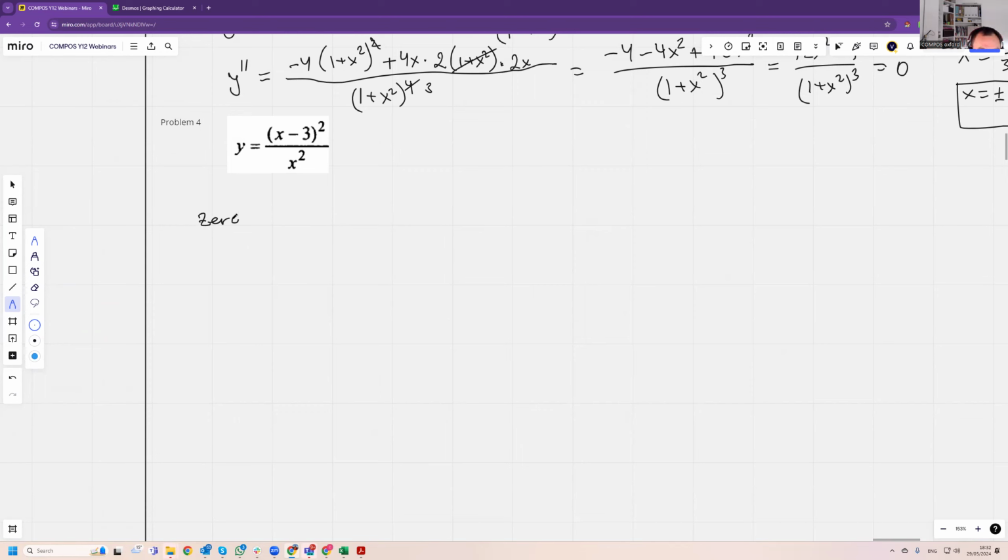Oh, interesting. We immediately see that there's a vertical asymptote here. Okay, so zeros: x equals 3. That's a zero. I hope everyone can see that. And x equals 0.